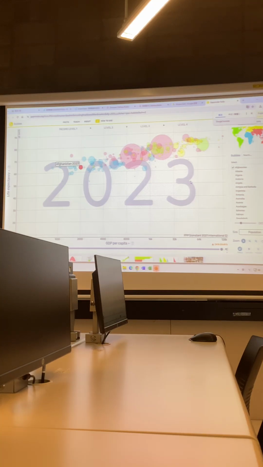Okay, it's not Japan. They have the biggest bubble. The biggest bubble is actually China, right? Is it China? How much is it? So on average, Chinese people can live from 68 until almost 90 years old.